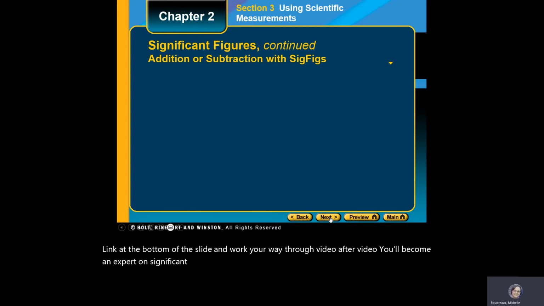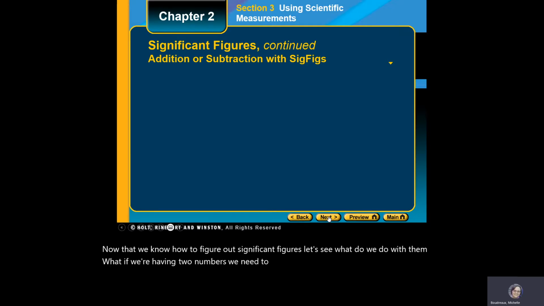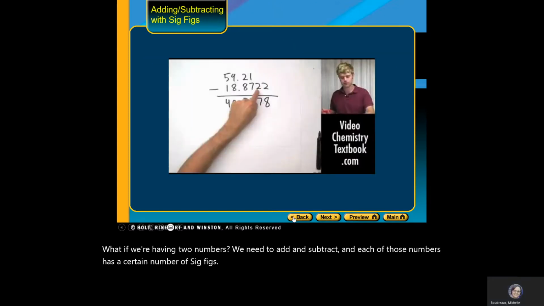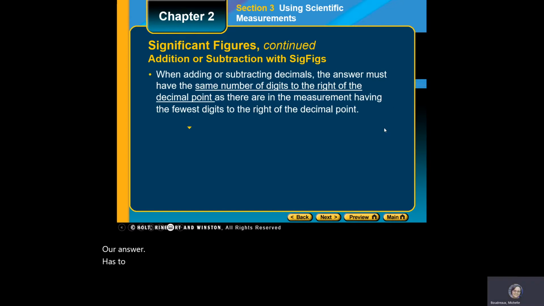So now that we know how to figure out significant figures, what do we do with them? What if we have two numbers we need to add or subtract, and each of those numbers has a certain number of sig figs? Our answer has to have the same number of decimal places as the least accurate of the original numbers.